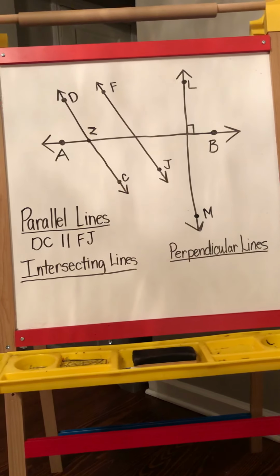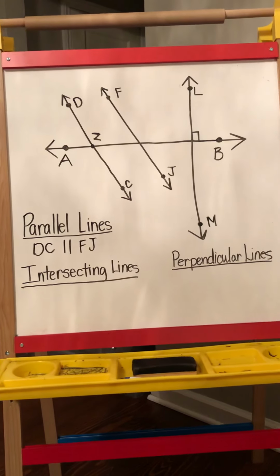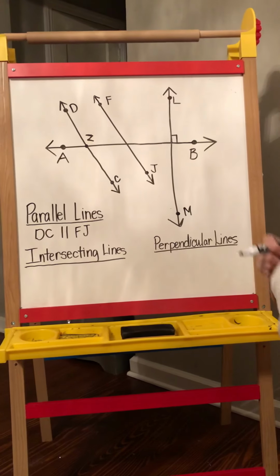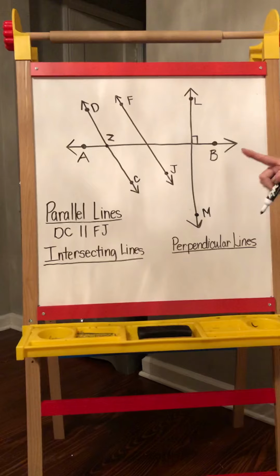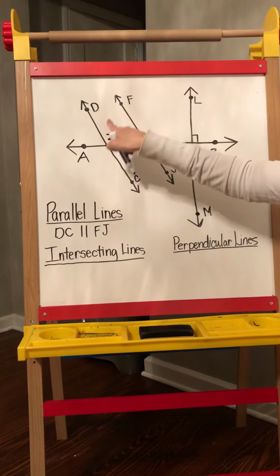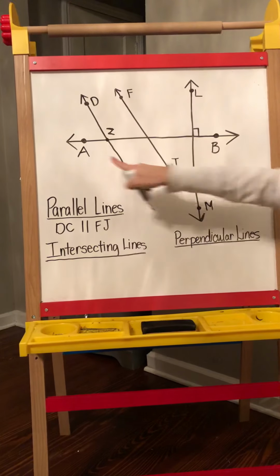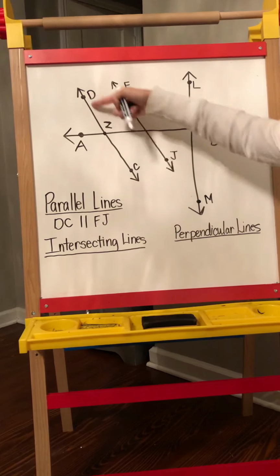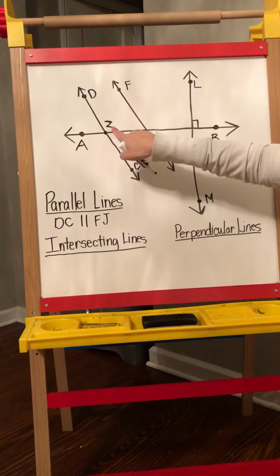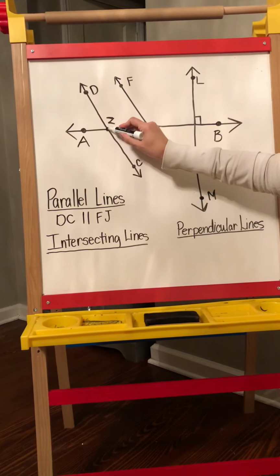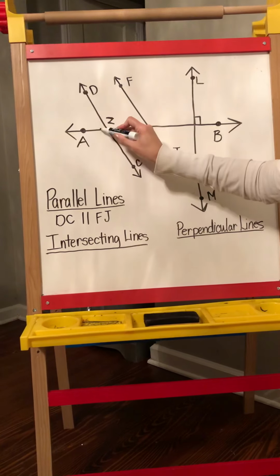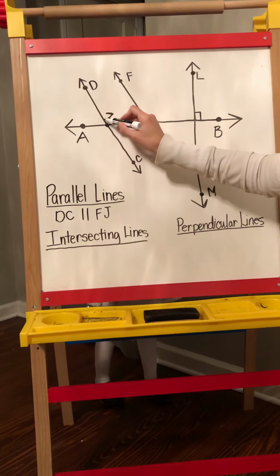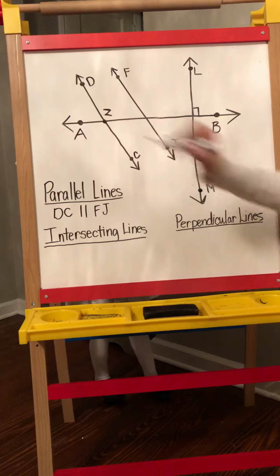Okay. Intersecting lines, I see lots of intersecting lines. I see lots of lines that come together and meet and form four angles. Okay, so let's look at the first one, DC and AB. AB and DC meet here at point Z, okay? They form a small angle here, a large angle here, so acute, obtuse, acute, obtuse.